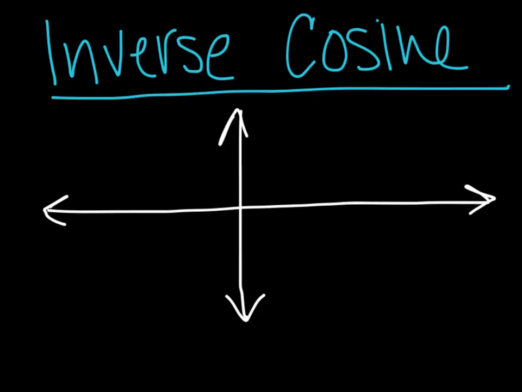Well, if this is the theta axis, the cosine of 0 is 1. It goes through this point. The cosine of pi over 2 is 0. The cosine of pi is negative 1. The cosine of 3 pi over 2 is again 0.